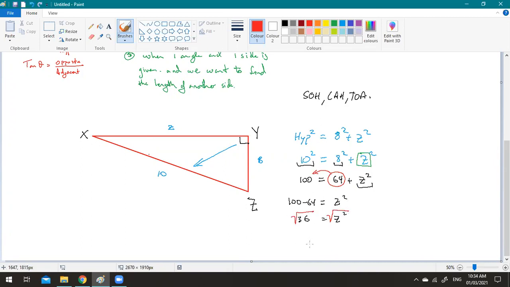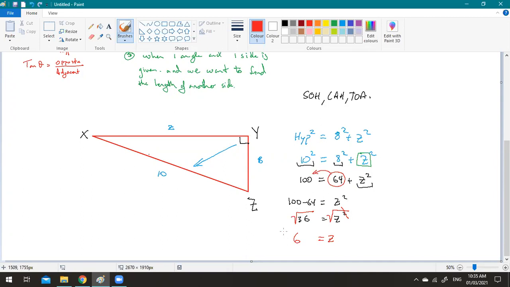Square root. Yes. So the square root of 36. Now 6 what? 6 squared will give us 36, so the answer is 6.